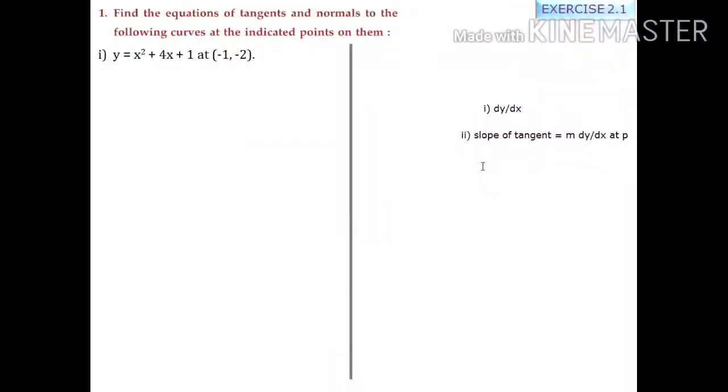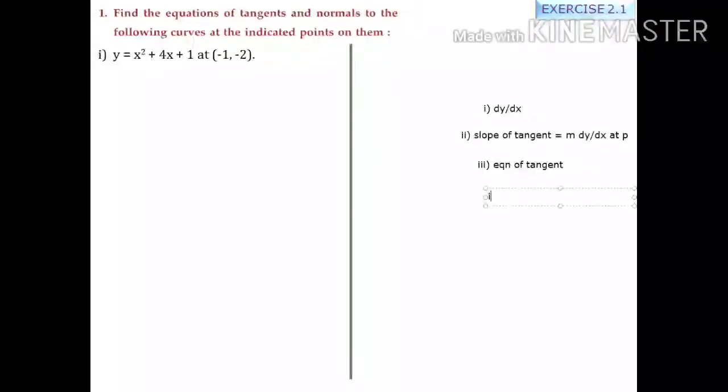Next, the third step is finding the equation of the tangent, using the formula y minus y1 is equal to m times (x minus x1). You obtain here the equation of the tangent.